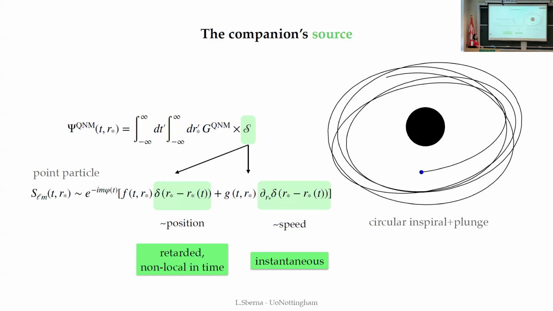You'll see in a moment that it's important that the point particle source has two kinds of pieces, a delta function and a derivative of the delta function. And this is important because we will convolve the source with the Green's function, right? So we will have two integrals. The delta function can get rid of one integral, but not both, while with the derivative of the delta function, we can get rid, by integrating by parts, of both integrations.